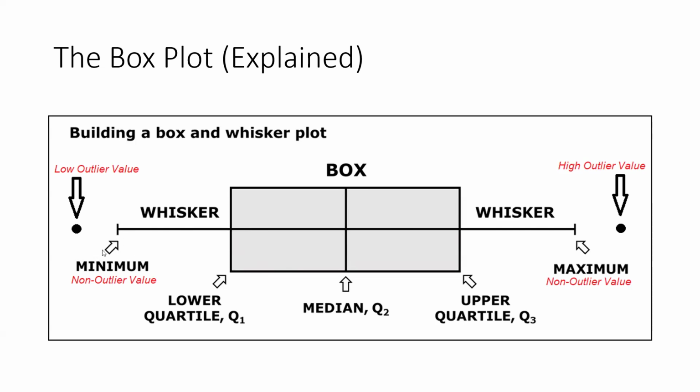Well, the leftmost whisker, that's the lowest non-outlier observation value in our set. The lowest non-outlier observation value. And the rightmost whisker, that's the highest non-outlier observation value.